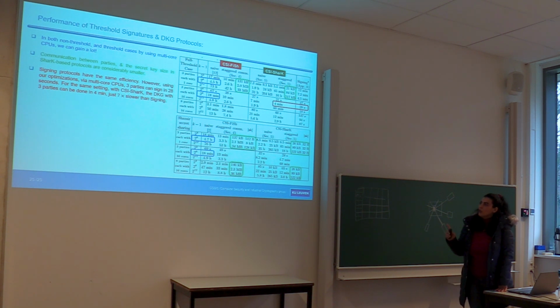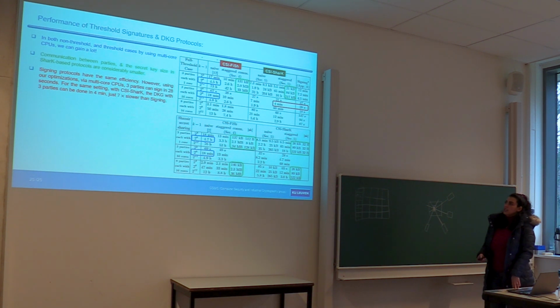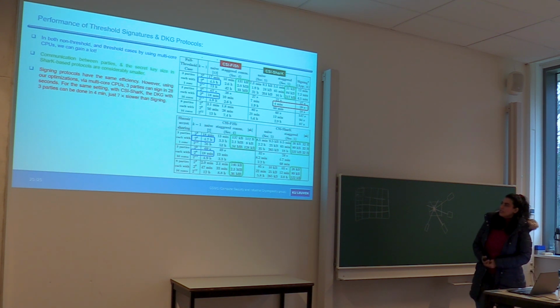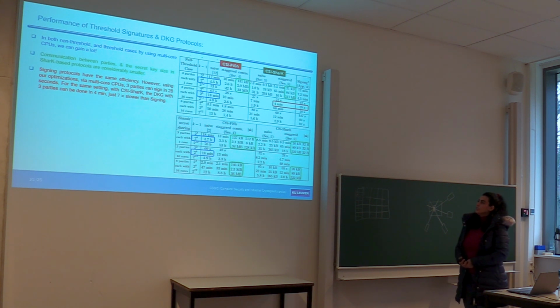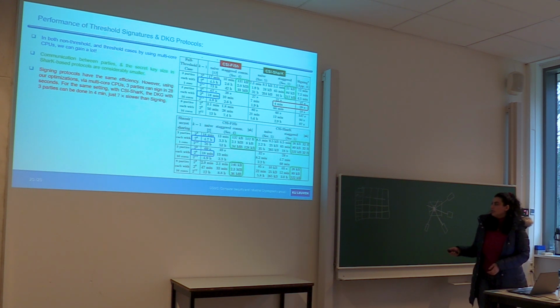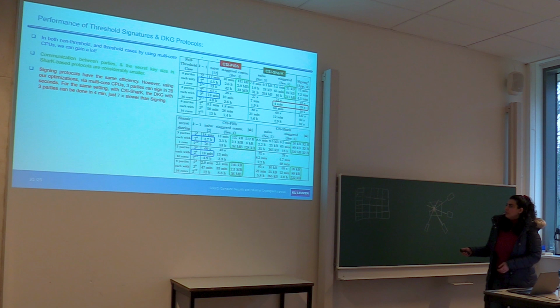However, using our optimization with multi-core CPUs, 3 parties can sign in 28 seconds for the same setting. And with CSI-SharK, we can do it in 4 minutes, just 7 times slower than the previous CSI-FiSh-based ones.